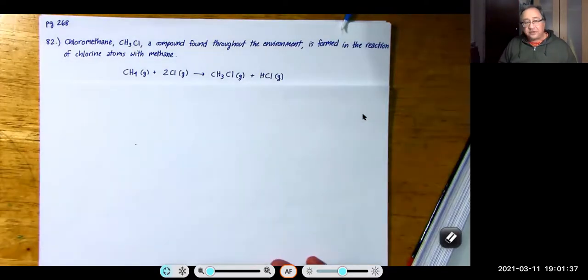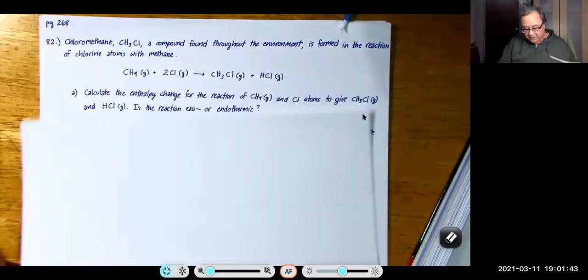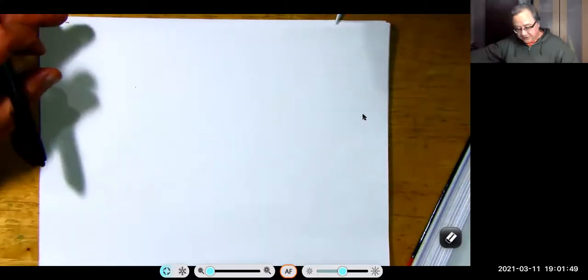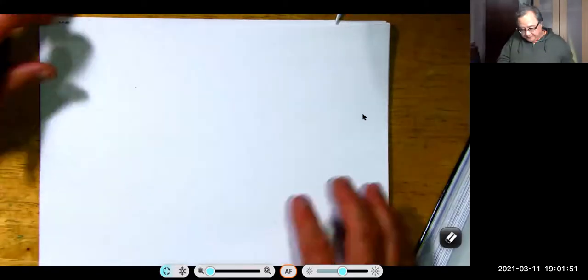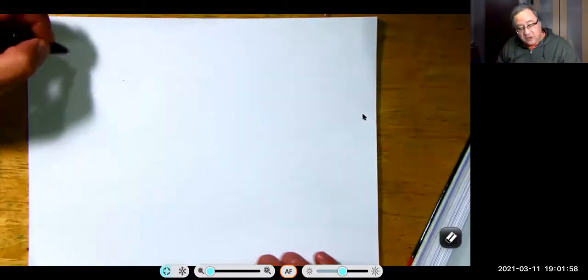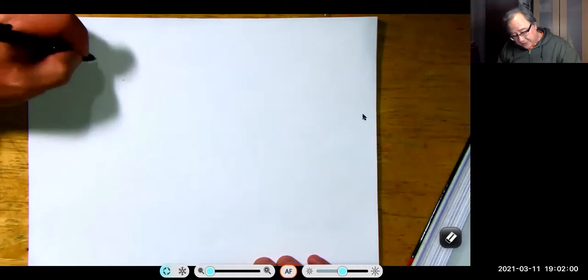So let me show you a very simple energy level diagram. So we're not ready for the big boys here yet. Let's do something simple. Okay, so here's the simple thing I'm going to show you. The enthalpy of formation of H2O liquid is as follows.